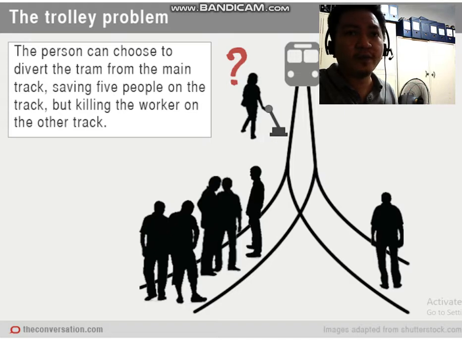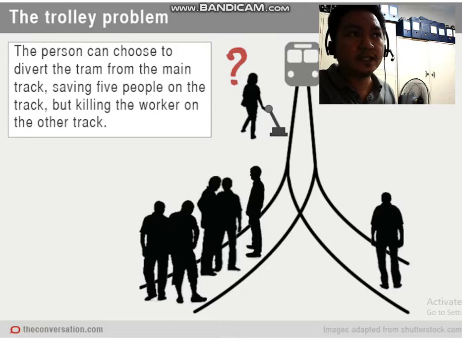All you can do is pull the lever in order for the trolley to divert in another direction. So there are two directions you can divert the trolley. First is the direction with five people, and in another direction there is one person.